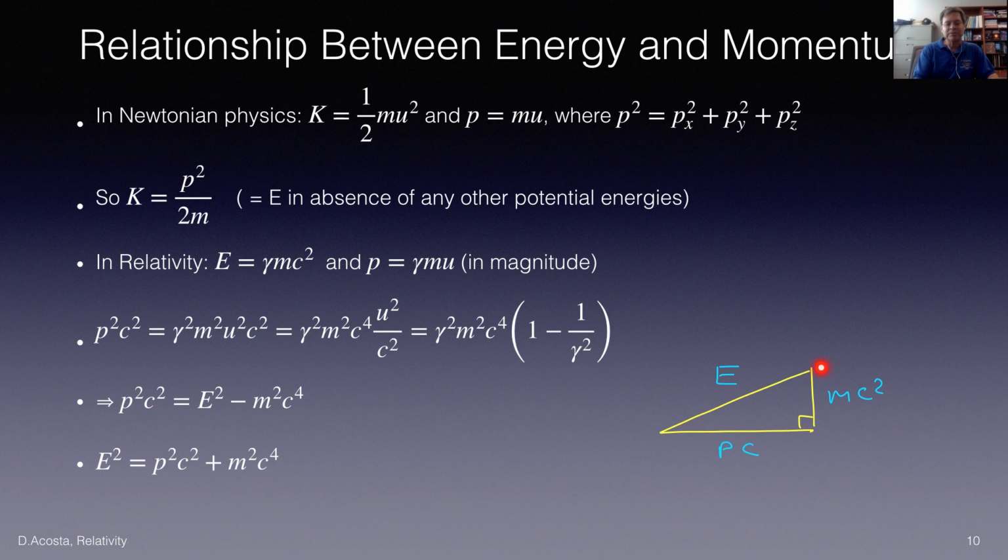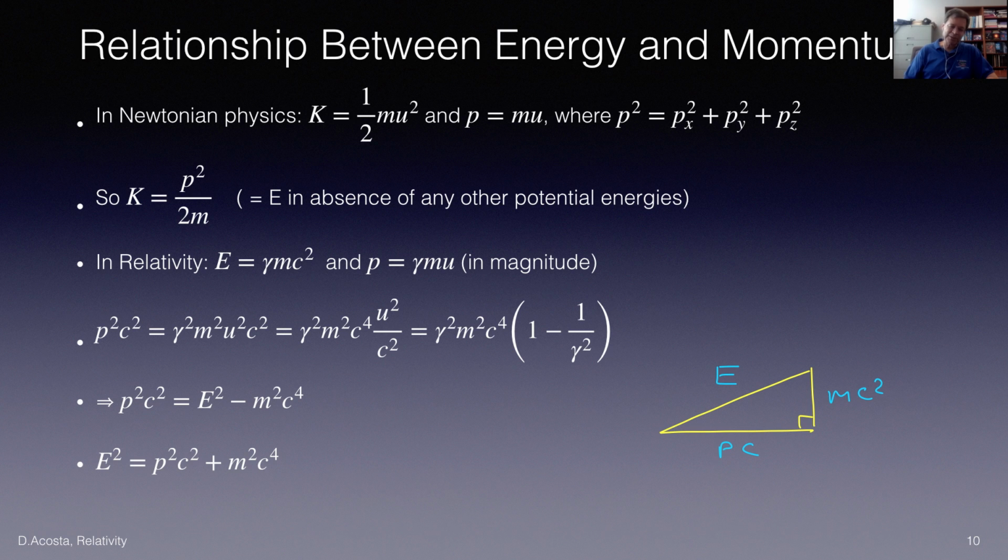And indeed, the hypotenuse squared is going to be pc quantity squared plus mc squared quantity squared, and that'll equal E squared, the hypotenuse squared. So that's one way to remember this formula, that E squared is p squared c squared plus m squared c to the fourth, which is just like the hypotenuse of this right triangle. And so how long this side of the triangle is depends on the mass of the particle.